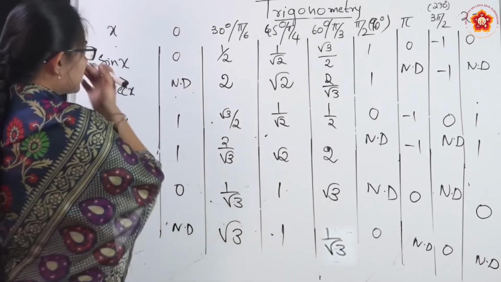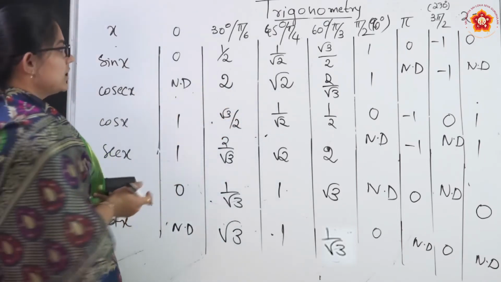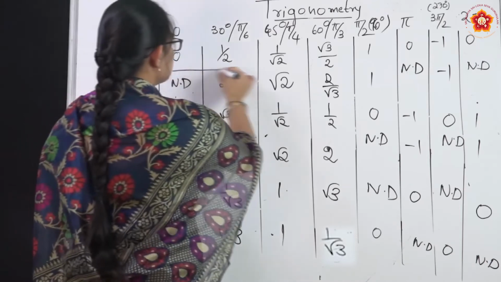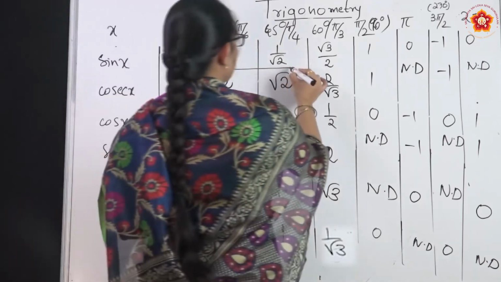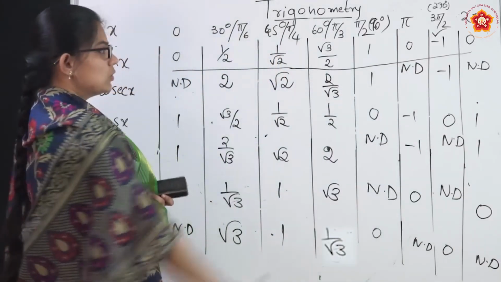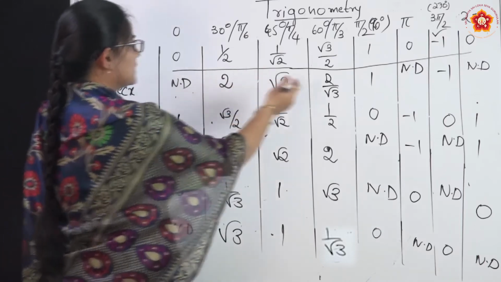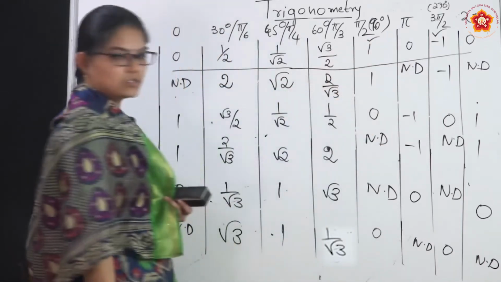Now, you can see the range of the sin x value. Which is the lowest value you can consider here? Lowest value is minus 1 for sin x, and the highest one is 1.